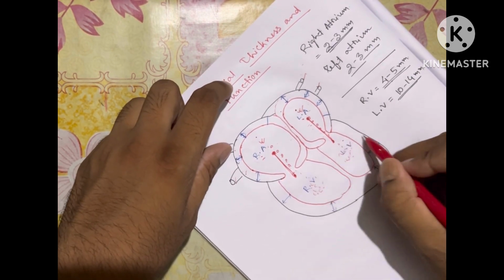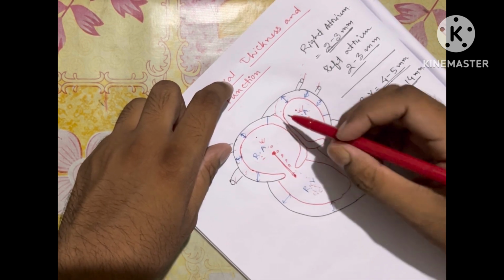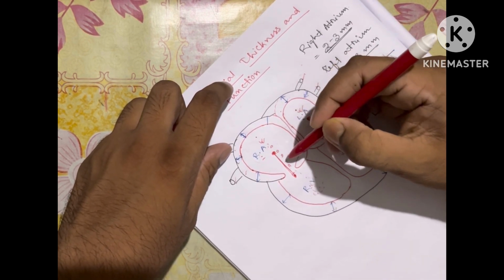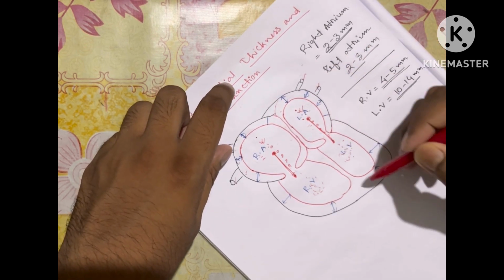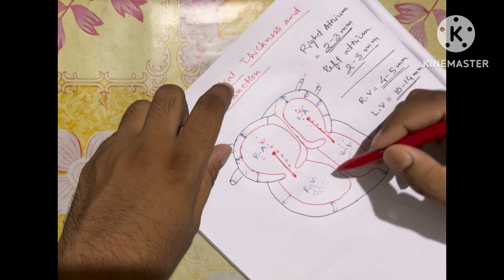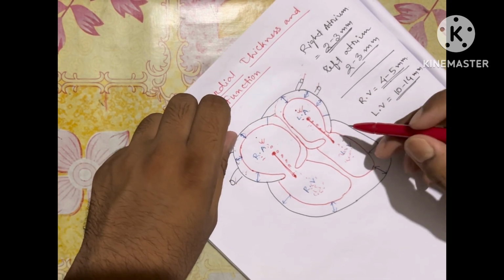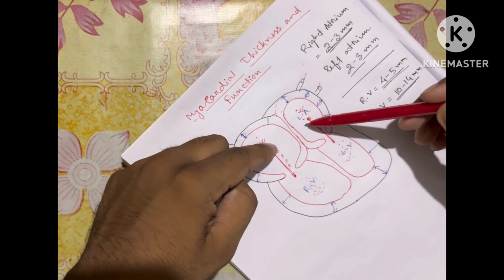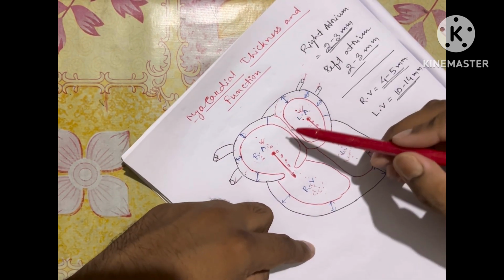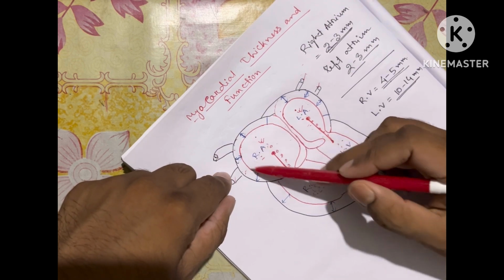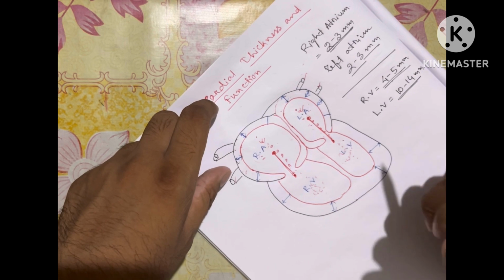From superior to inferior direction, with the help of gravity, blood tends to come into the ventricles. So with very little pressure from the atria, all the content easily comes into the ventricles.